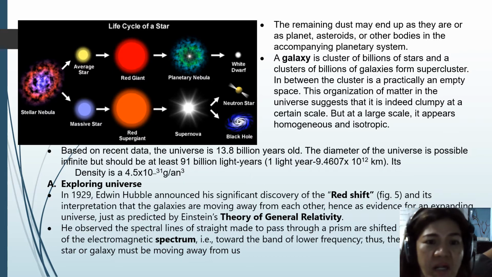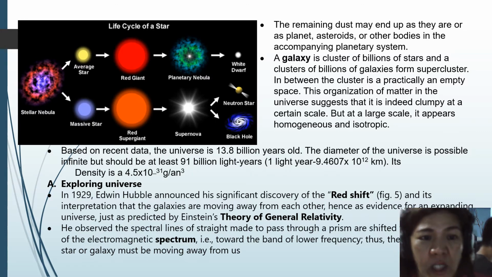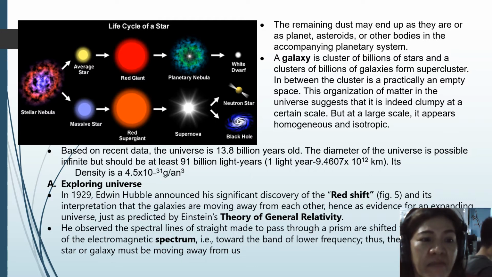This organization of matter in the universe suggests that it is indeed clumpy at a certain scale, but at a large scale it appears homogeneous and isotropic. Based on the data, the universe is 13.8 billion years old. The diameter of the universe is possibly infinite and should be at least 91 billion light years.